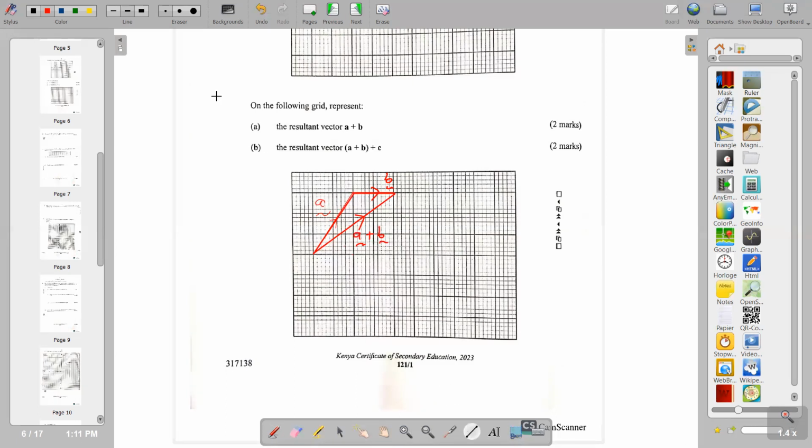So I'm going to draw it here. Let me use maybe a different pen. So 4 steps to the right: 1, 2, 3, 4. So from here, 4 steps to the right, and then 3 steps up to here. So I have this one.